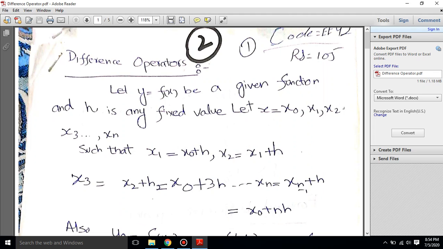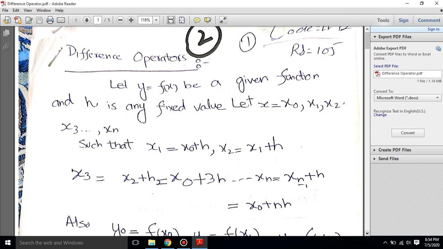And remember, this h is the fixed length. Whenever we add this length to our previous value, we will get another value, and this h will have a fixed value whenever we add it. And it's going to provide us the next value for our f of x function.